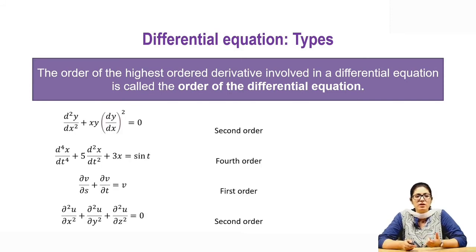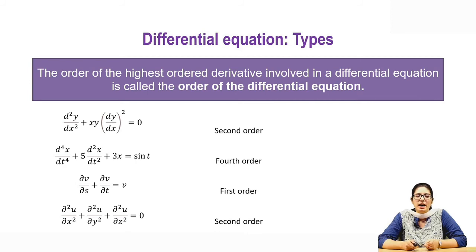In the first equation you see this is of second order. Why? Because the highest order derivative is of order 2; we have a second order derivative present in this differential equation. In the second equation, the highest order derivative is the fourth order derivative, so this differential equation is of the fourth order.